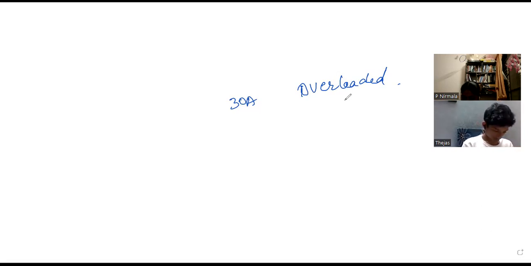Next, the principle: a fuse works on the heating effect of the current.